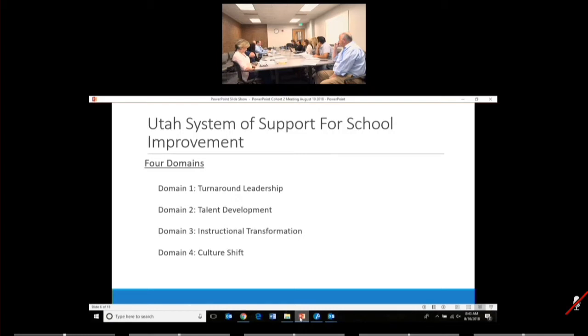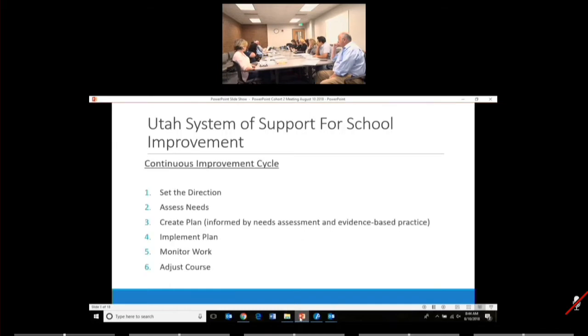Okay. Another part of this structure in this diagram: we have the 4 domains in the middle. Around the side is the continuous improvement cycle and the steps under it.